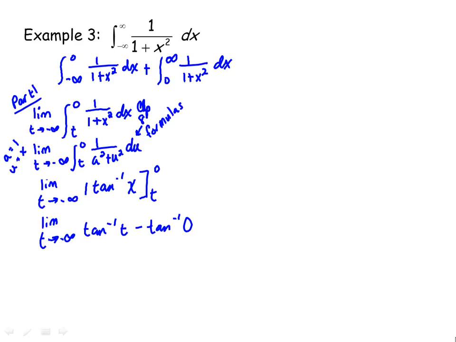What is tangent inverse of 0? Calculator says 0. Tangent inverse of 0 is going to be 0, so we only have to worry about the tangent inverse of t. Now let's apply the limit. The limit is going to be tangent inverse of negative infinity.